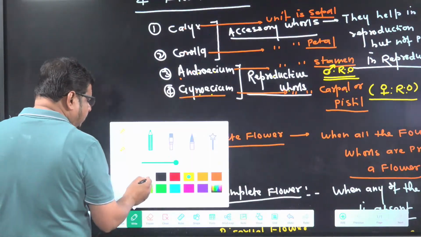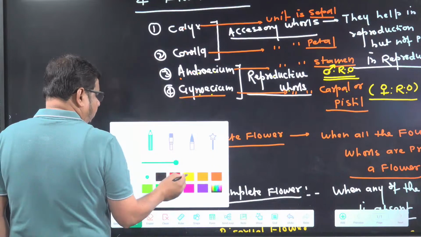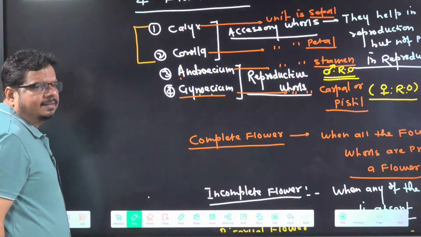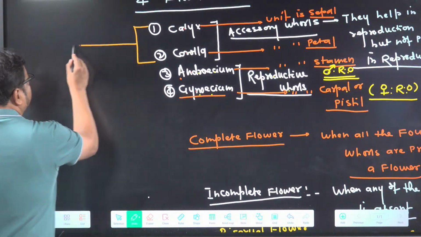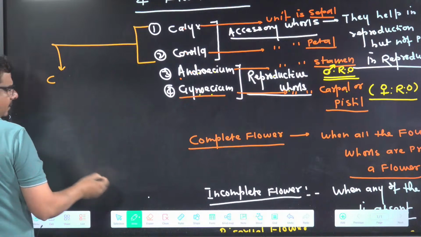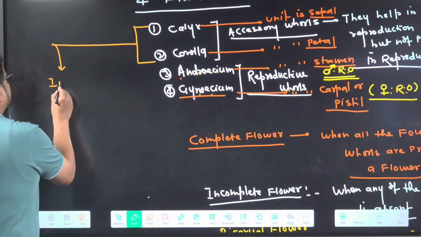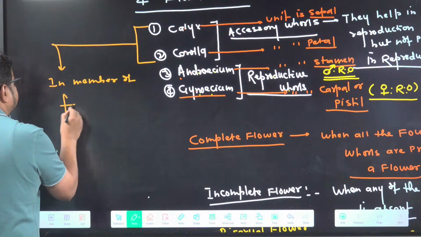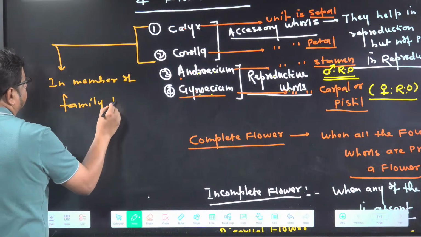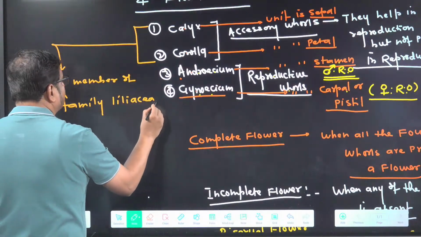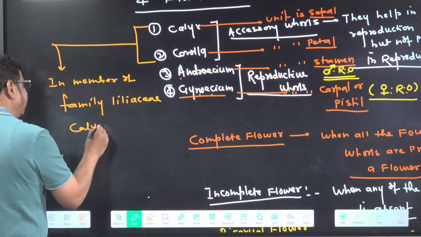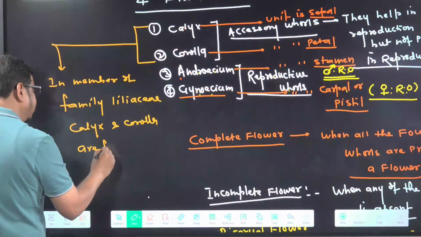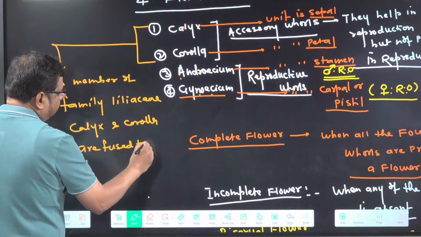You will find in some plants, like members of Liliaceae, calyx and corolla are fused together.